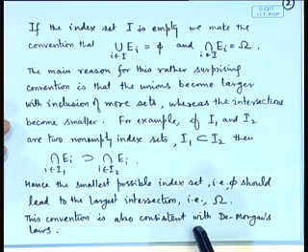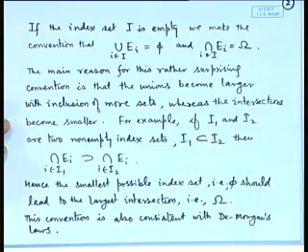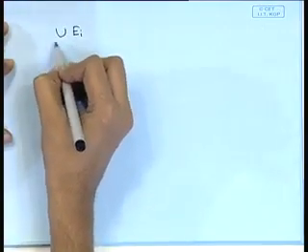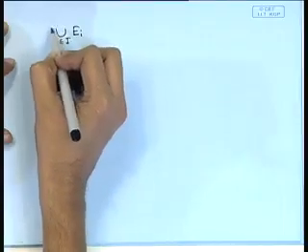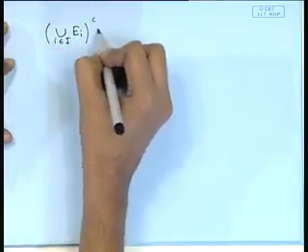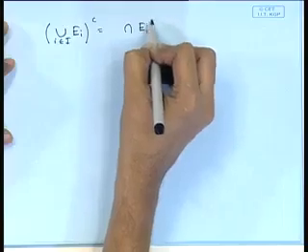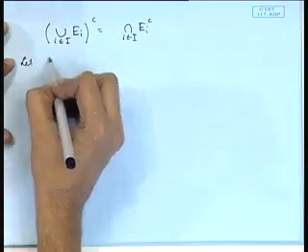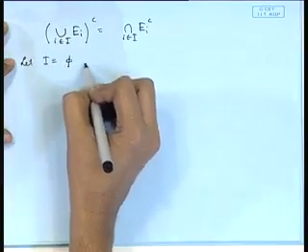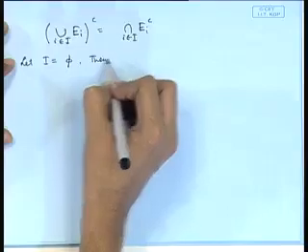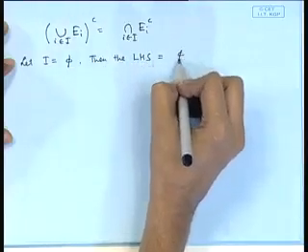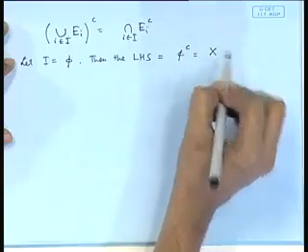This convention is also consistent with De Morgan's laws. For example, if I write the complement of the union of E_i, i belonging to I, is equal to the intersection of E_i complement, i belonging to I. Let us take I to be phi, then the left hand side is equal to phi complement, which is equal to the whole space.